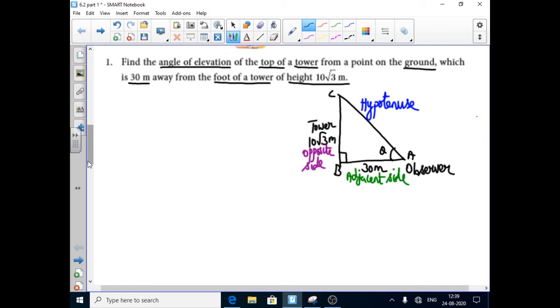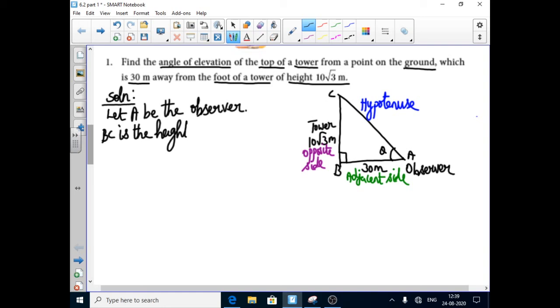Solution. While giving the names, give them in the anti-clockwise direction. First we take the observer. Let A be the point of contact or observer; anyone you can write. Next, BC is the height of the tower.